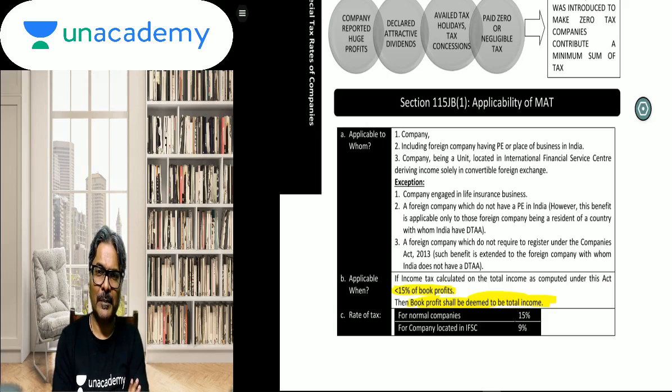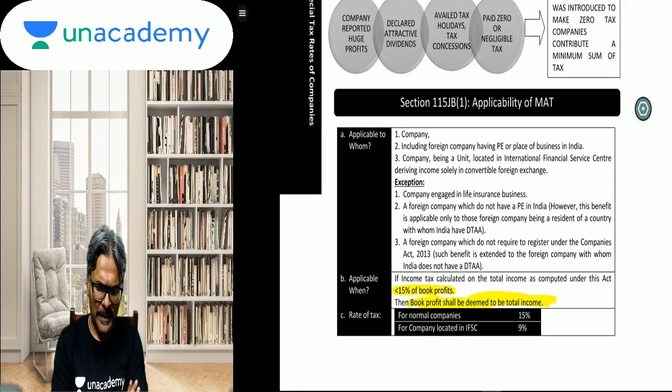But if you are a company which is a unit located in the IFSC, then the rate will become 9%. Students, I have already taught you about the IFSC, International Financial Service Center, and it will be subject to the rate of 9%, and in that you have seen how the MAT calculation is to be done. That was something which we have discussed in the IFSC topic itself.